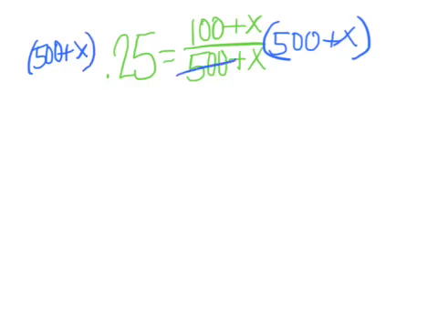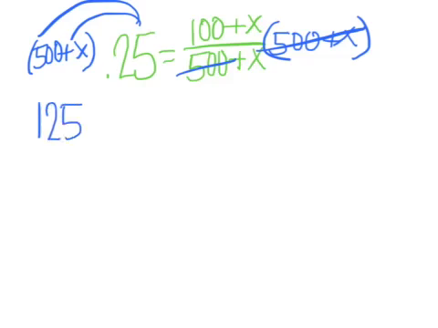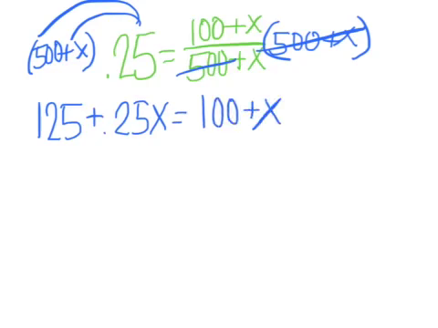We can cancel out the 500 plus x, and then now we need to distribute the 0.25 to both of those pieces inside the parentheses. 0.25 times 500 is 125. 0.25 times x is 0.25x equals 100 plus x.